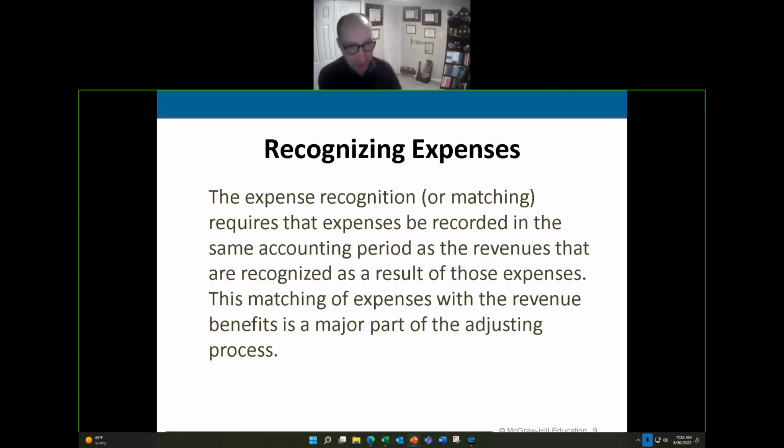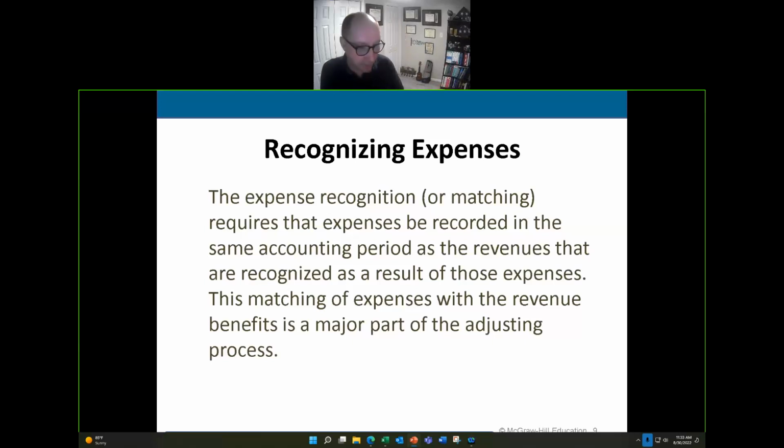When we recognize expenses, again, according to the matching principle, under the accrual-based system, I must match my expense with the associated revenue.